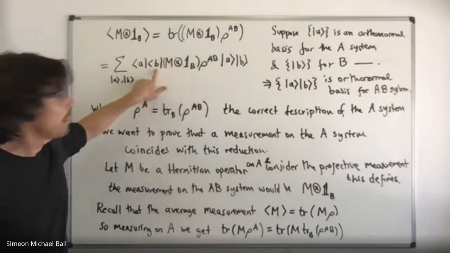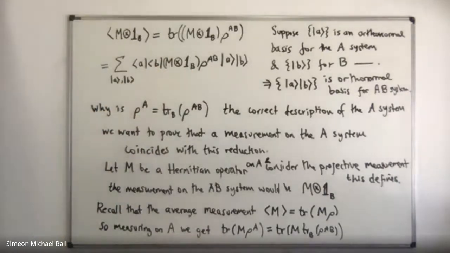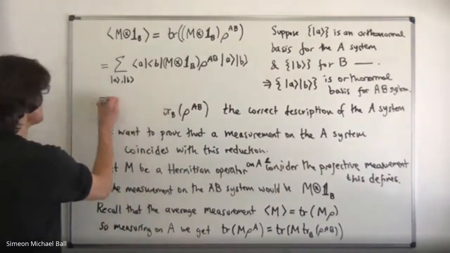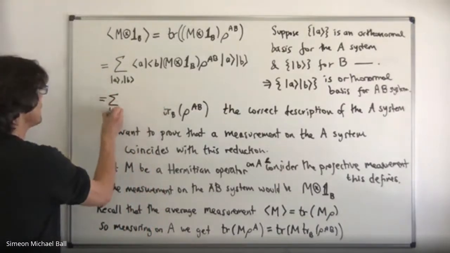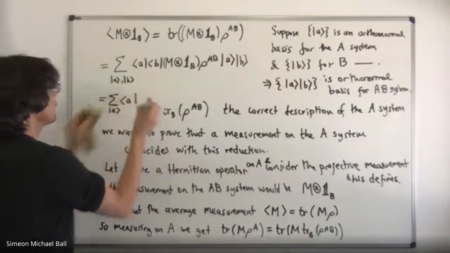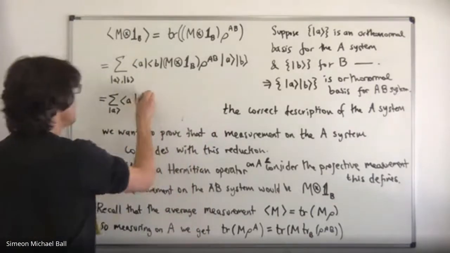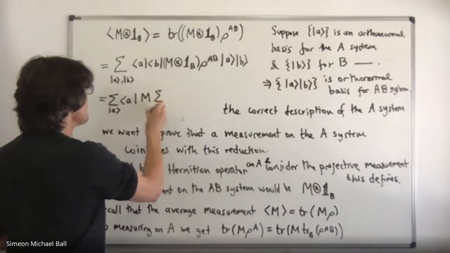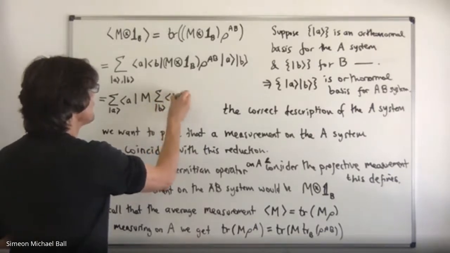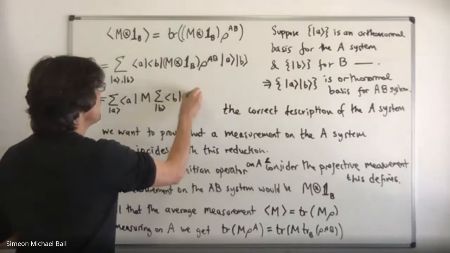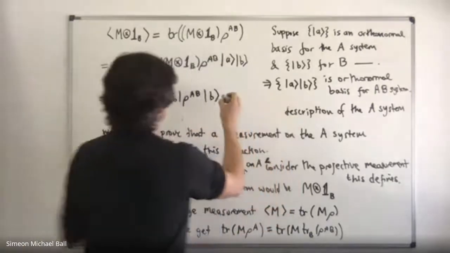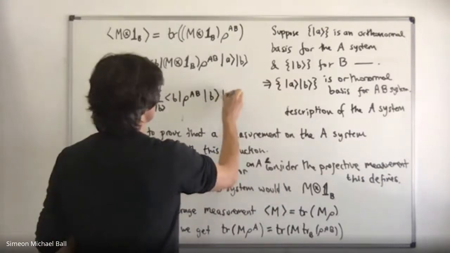So I can pass these <b|'s inside here, and I get the sum over the a's of <a| M, and what I'm doing here, I've got the sum over the b's of <b| rho AB |b>, and then again the |a> is outside.